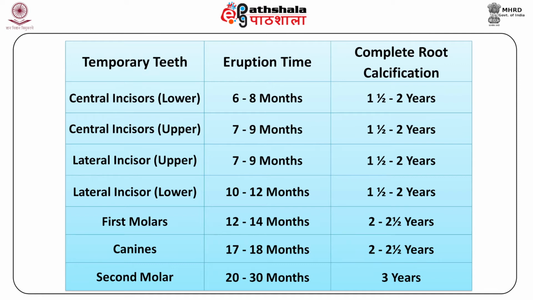For the first molars, the eruption time is 12 to 14 months, and for root calcification it is 2 to 2.5 years. Next, for canines, the eruption time is 17 to 18 months, and for root calcification the time needed is 2 to 2.5 years. For second molars, the eruption time is 20 to 30 months, and the root calcification time is 3 years.